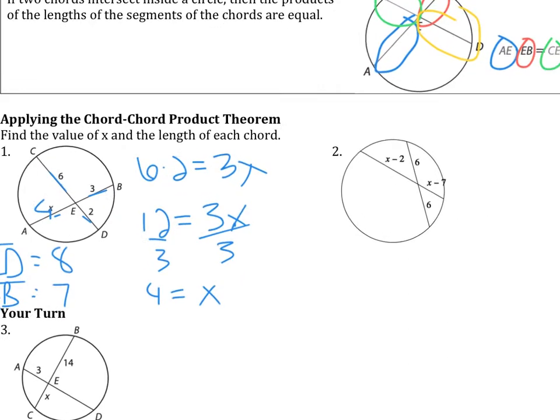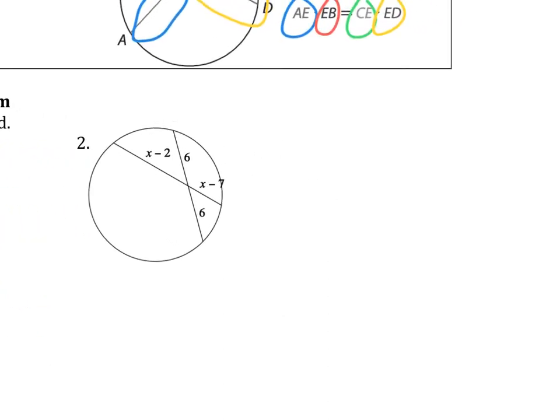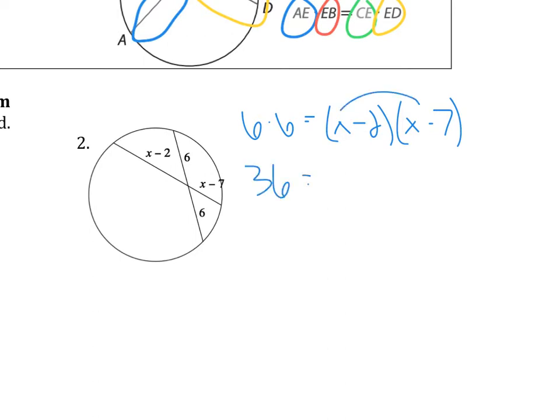Okay, and then continuing over here to number 2. So we have 6 times 6 is equal to x minus 2 times x minus 7. We get 36 equals, now we've got to distribute, so I get x squared minus 7x minus 2x plus 14.